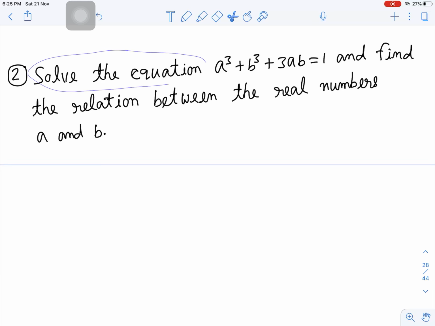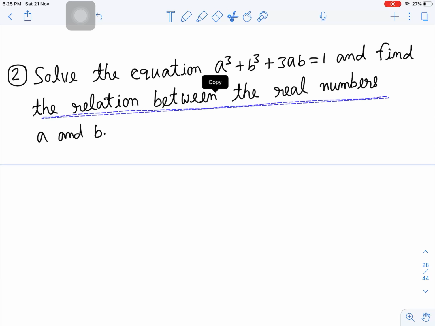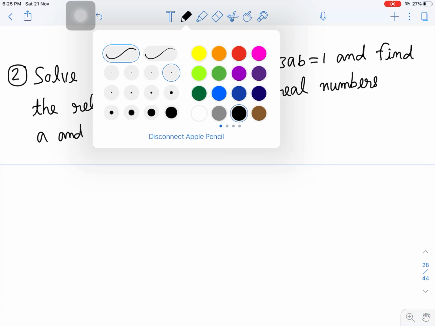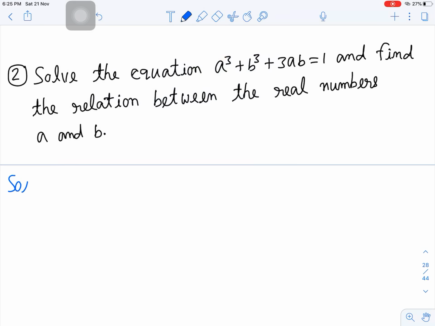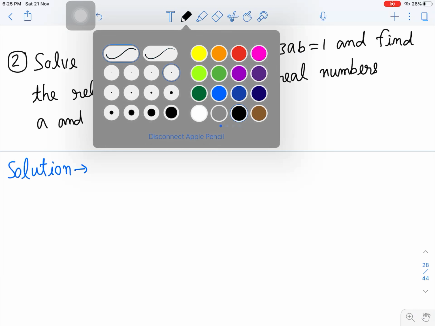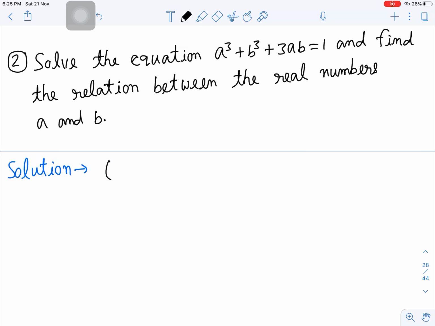You have to solve the equation a cube plus b cube plus 3ab equal to 1 and find the relation between the real numbers a and b. So in this question you have a cube, which can be written as a whole cube, then b whole cube, and 1 we can transpose to the left hand side, it will become minus 1.